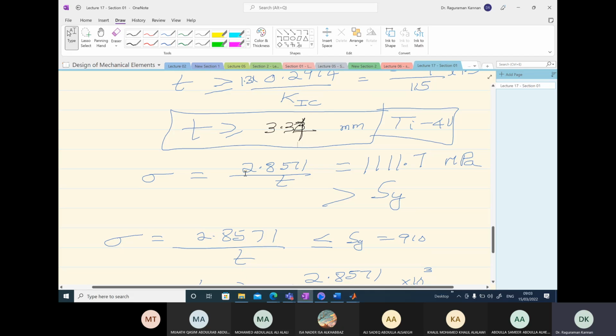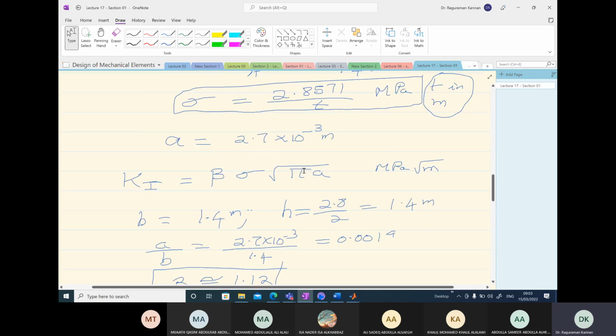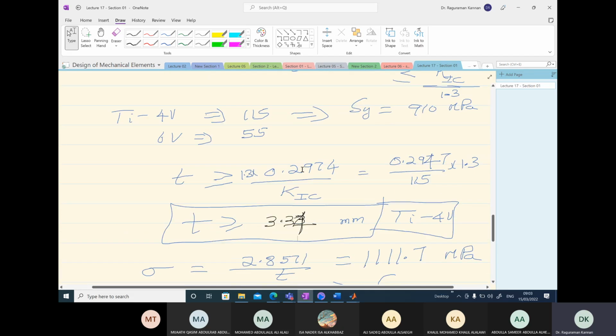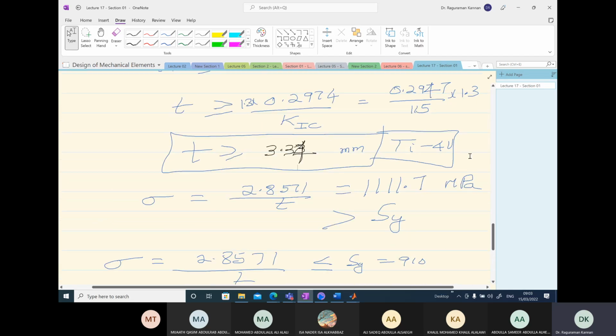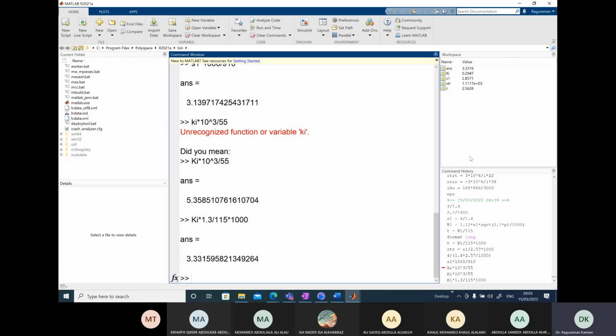Let's calculate with 2.8571. What is this value for the sigma 1? So S1 value. Go back to MATLAB.